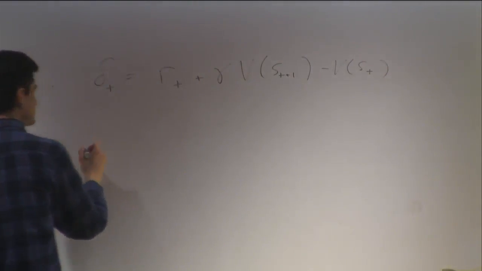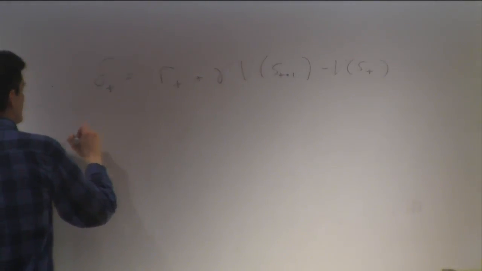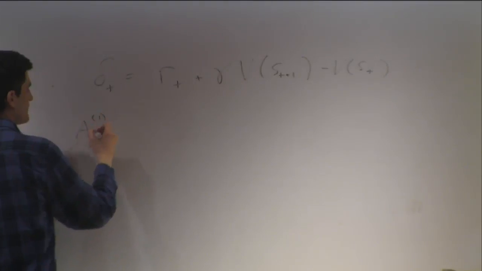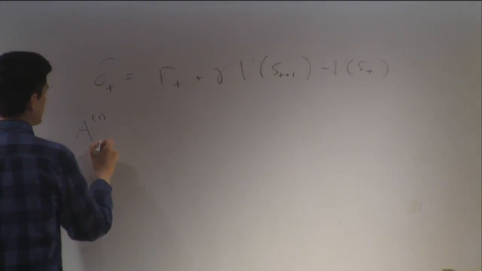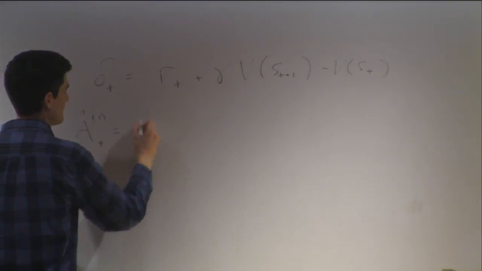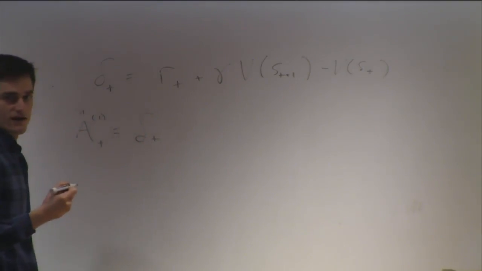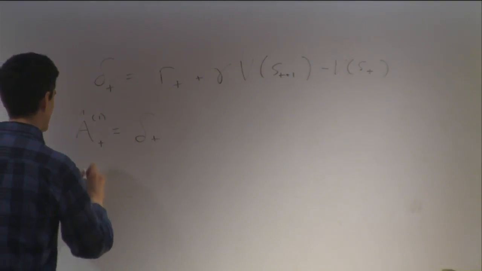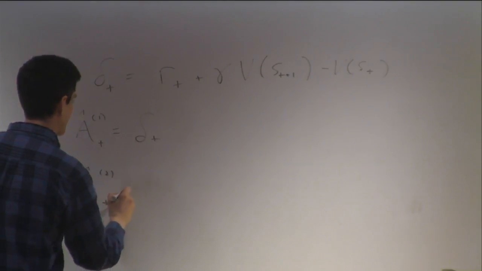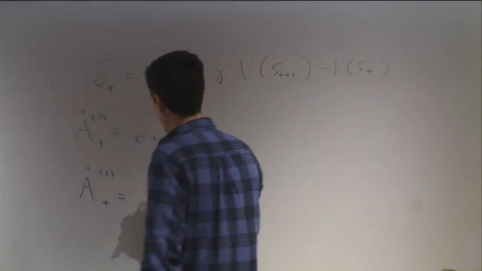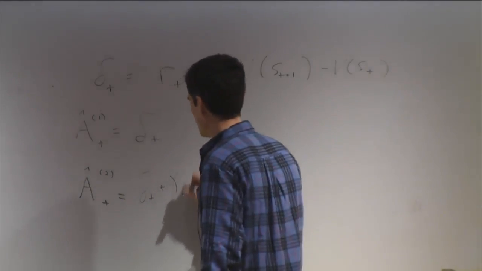Now let's look at our first advantage estimator, advantage 1. So advantage 1 hat sub t is just delta sub t, right? Advantage 2 sub t, I'll claim, is just delta t plus gamma times delta t plus 1.